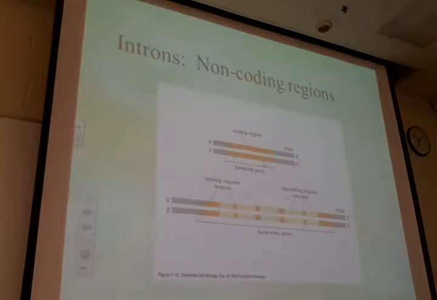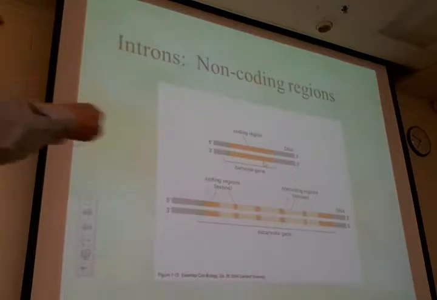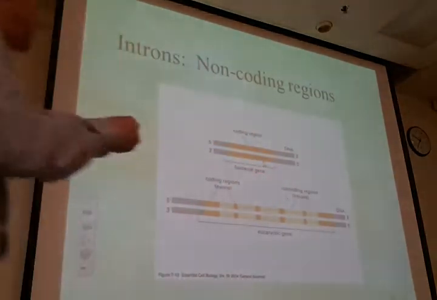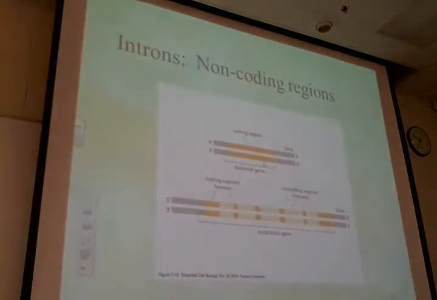First we need to talk about what they are, why we think they exist, and how we get rid of them. If you look at a typical bacterial gene, like at the top here, there are very rarely any of these intronic sequences.